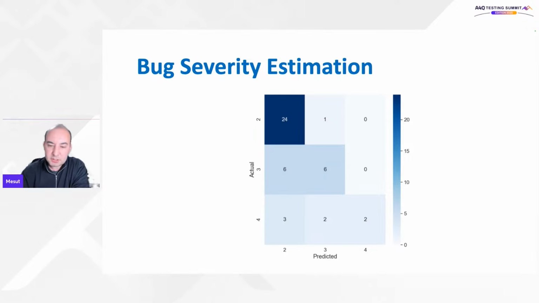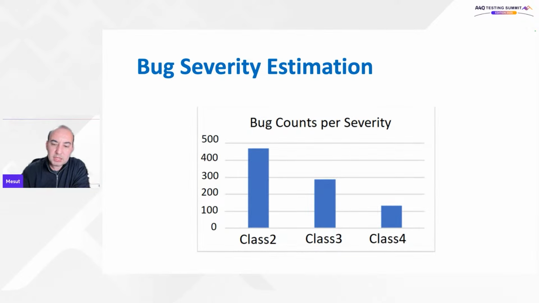But let me go back and ask your attention for this distribution. There's a bias on class 2, right? The first class. So to get rid of this bias, I merged class 3 and 4, the other two classes. Because remember, I told you, if it was the first class, it was a release blocker, but for others, it is not.